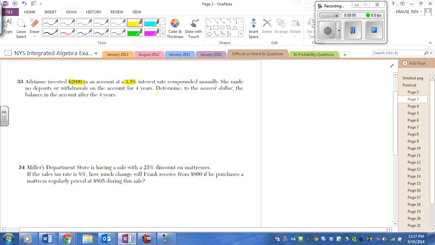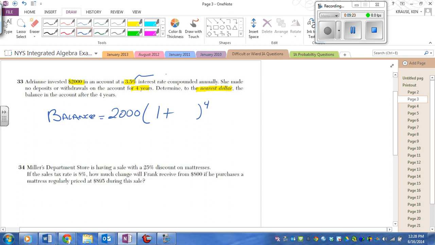2,000 at 3.5%. We're going to talk about 4 years, and we're going to round to the nearest tenth. 2,000 times 1 plus the rate, and we'll raise it to the 4th power.